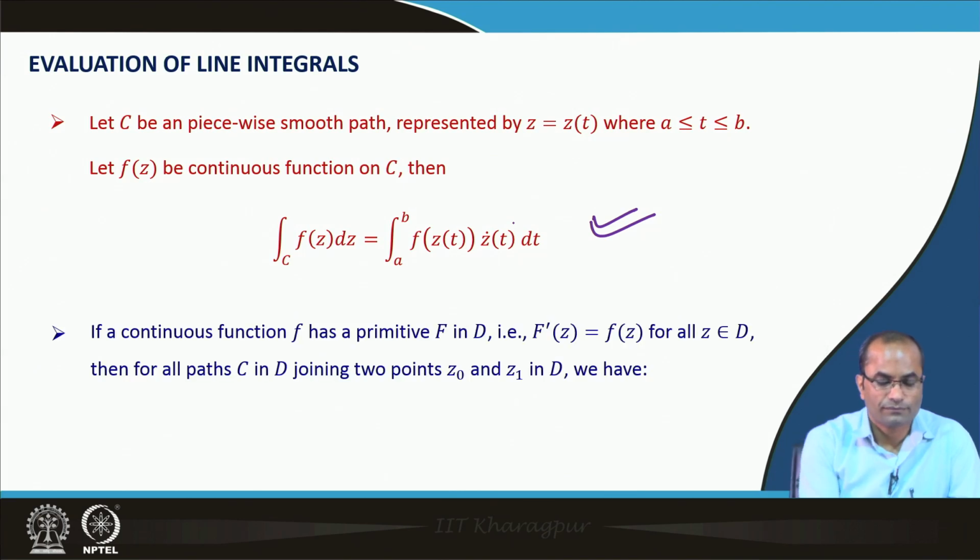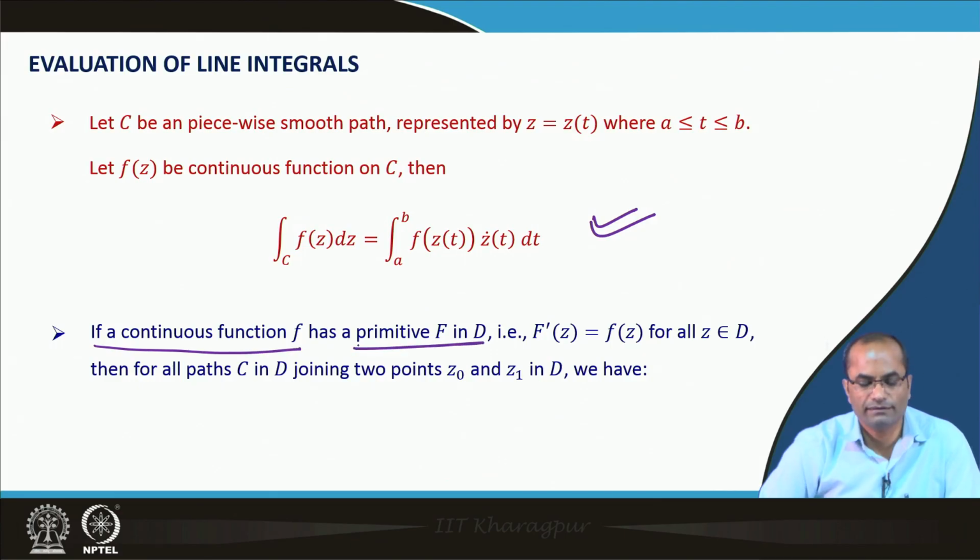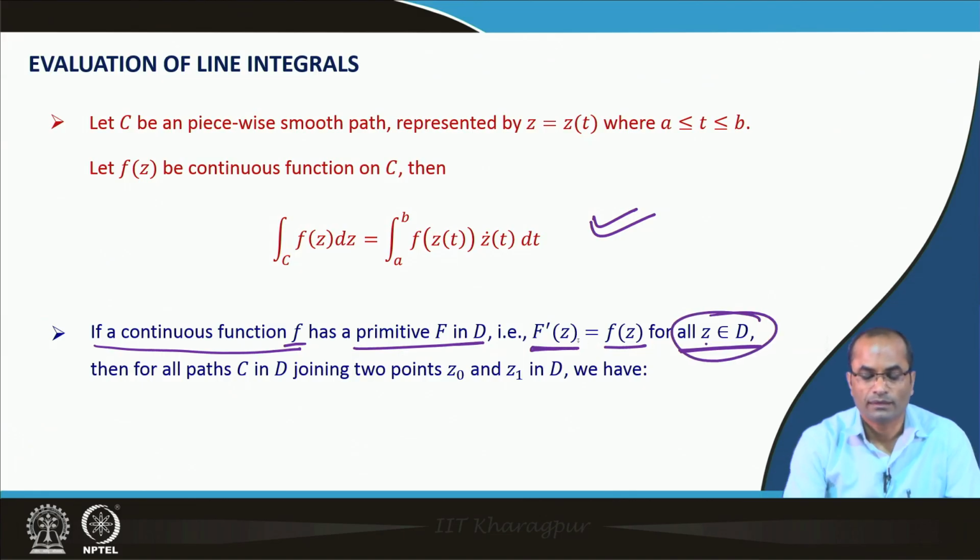The other approach is this: if a continuous function f has a primitive. Primitive means the antiderivative. So, if it has a primitive F in D, that means there is a function whose derivative is exactly the given function f(z) for all z in D. This is important: in the whole domain we have this primitive.